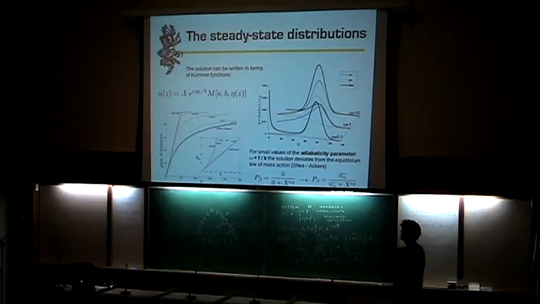But this can have some interesting effects, like the deterministic solution. That's called the Shea-Ackers. That's the limit when the binding is really fast. It would be this dotted line over here. This is the total probability that the gene is bound, by number of proteins.